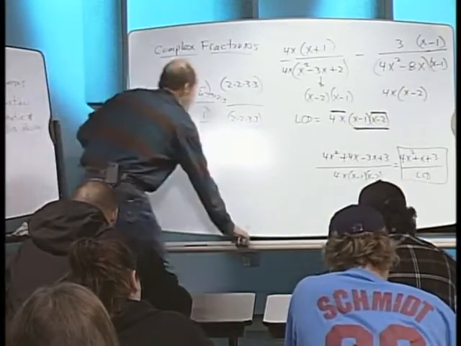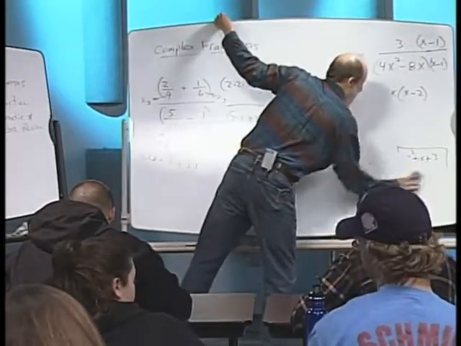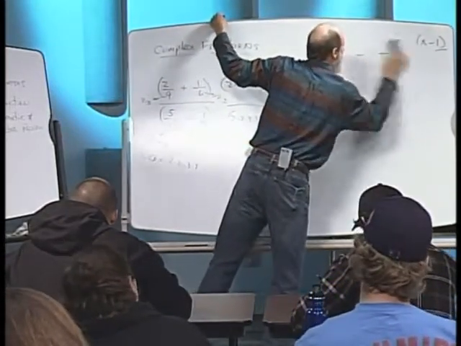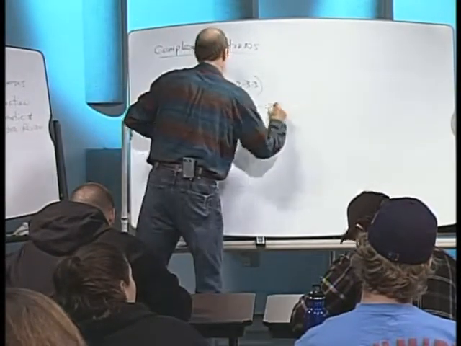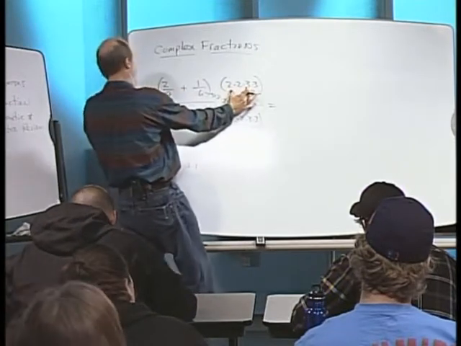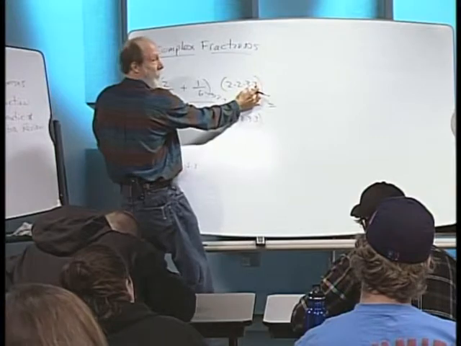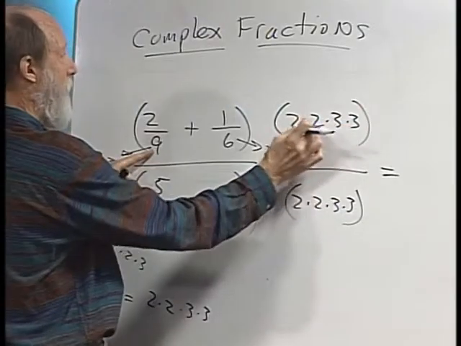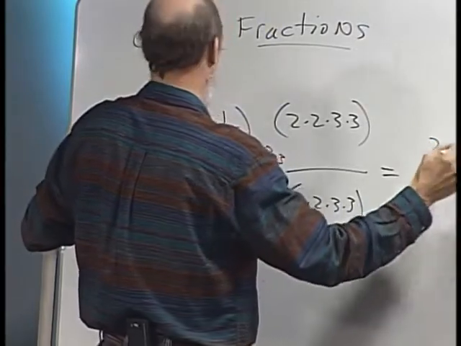So here we go. Two ninths times the LCD. 9 goes up into this LCD and lose the 3's, right? And you're left with a 4 times this 2. So we end up with 2 times 4.